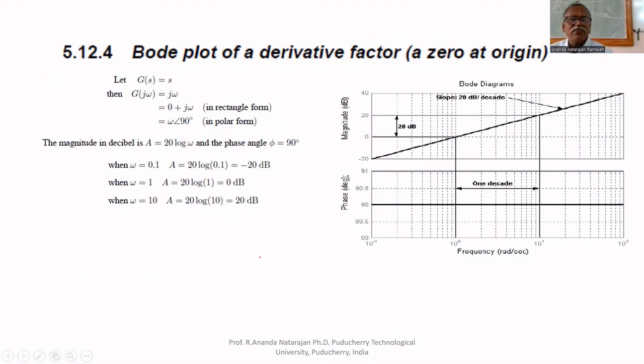Bode plot for a derivative factor, a zero at the origin, that is G of s equals s. For that, what is the Bode plot?